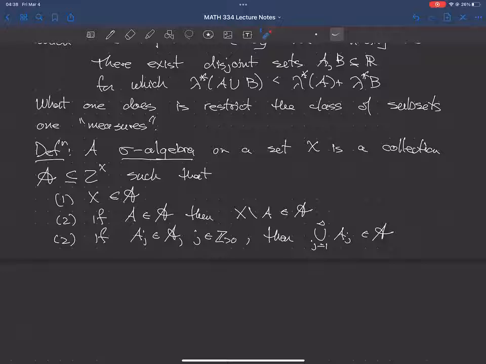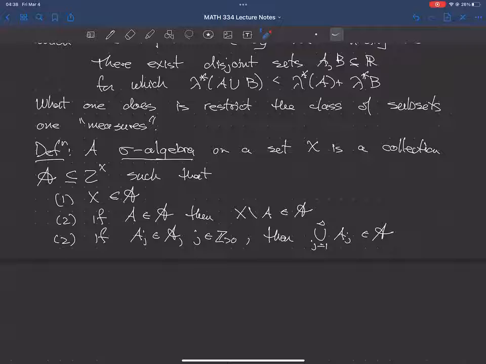And so I think in a situation like this, it's maybe worth contrasting this definition with the definition of a topology. In your analysis course, what's a topology? A topology is a collection of sets, and you declare those sets to be open. What properties do open sets have?